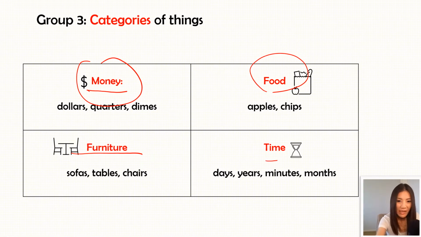And under the category of time, we have days, years, minutes, months. So keep in mind that the category name will be non-count. Now, there are situations where I can say monies or foods and just add the S, pluralize a non-count noun. But again, in our next video, we'll talk about these types of exceptions.